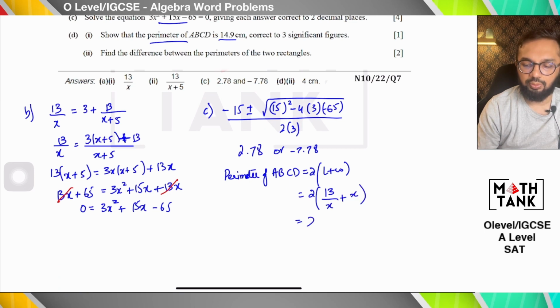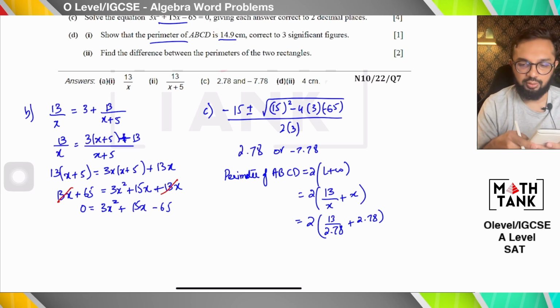I'm going to use the positive value of x and say that this is 2.78. Let's see if we get our required answer. In these questions, I don't really have to show you working beyond this. I can just put all of this on my calculator, multiply by 2 and see if I get 14.9. Yes, I'm getting 14.9 centimeters.